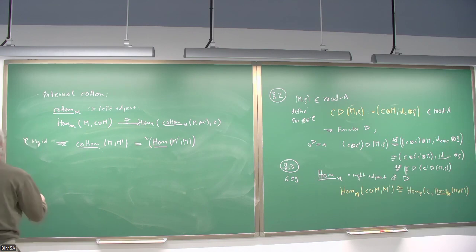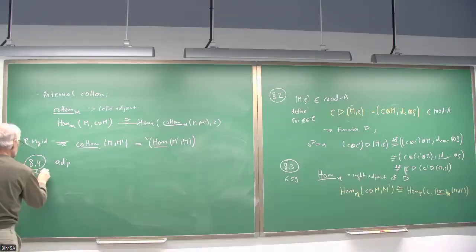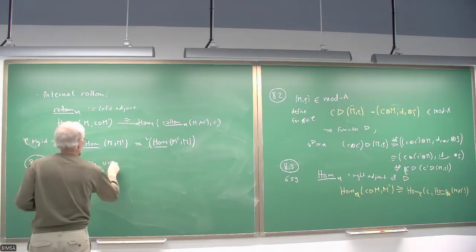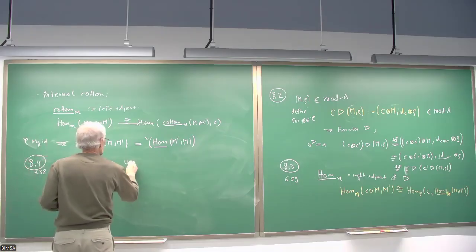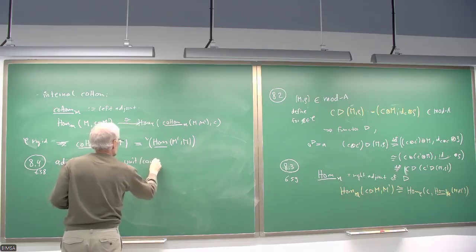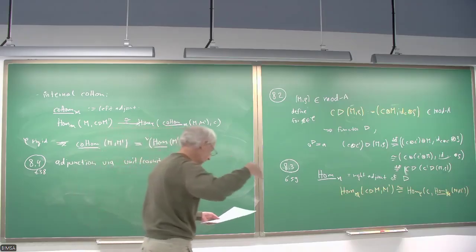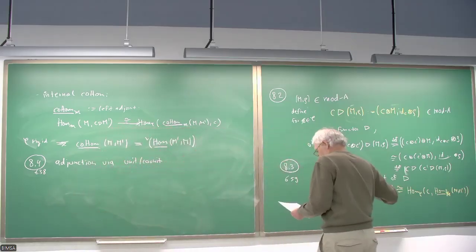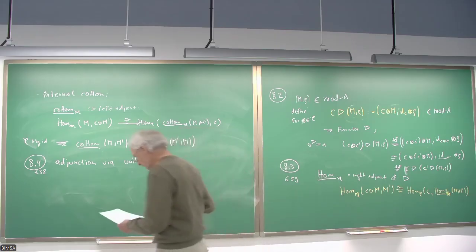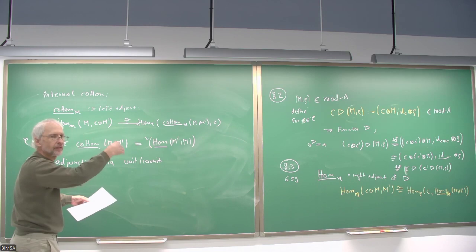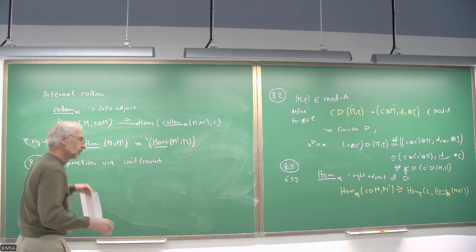Now remember, this was in 638, the characterization of an adjunction via unit and co-unit. So if I have G as the right adjoint of F, then the co-unit goes from F after G to the identity.